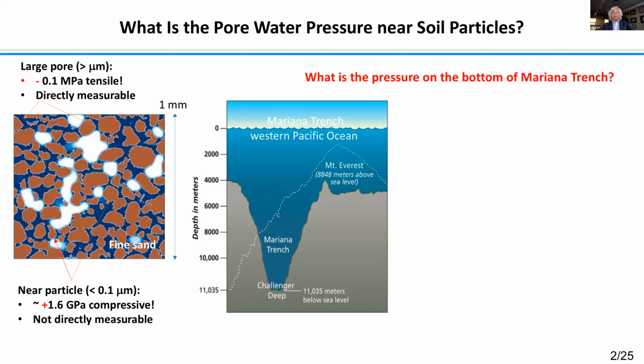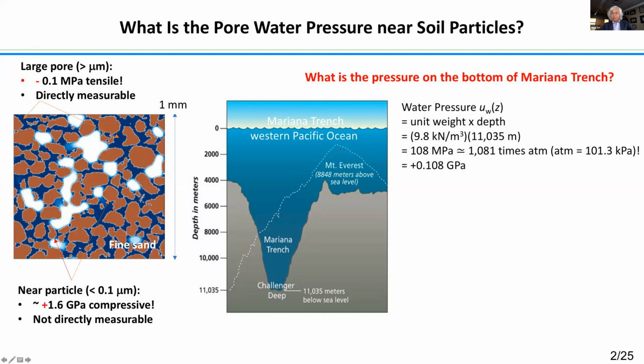You go to the Mariana Trench, which is about 11,000 meters deep, definitely deeper than Mount Everest is high. At the bottom, the vehicle can experience a compressive pressure, which you can calculate simply by the unit weight of seawater times that depth. That gives you 0.1 gigapascal. So I am making a postulate that the pressure in soil could actually be compressive at 1.6 gigapascal.